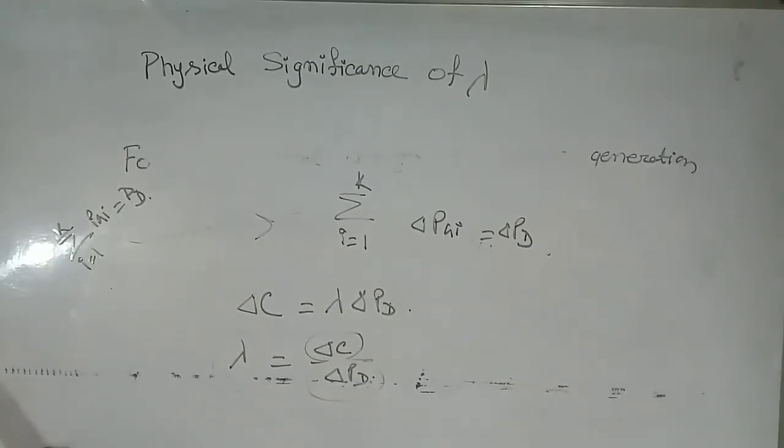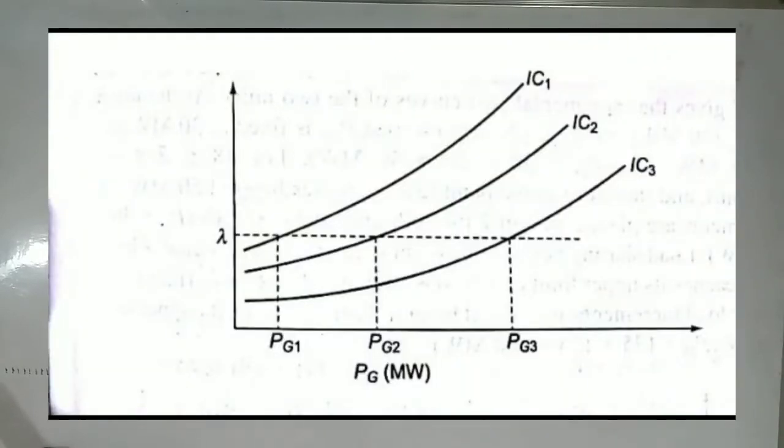In general, the incremental cost curve may not be linear and lambda can be determined by an iterative process. Now computer solution for optimal loading of generators can be obtained iteratively by considering the incremental cost curve, as you can see in this picture.